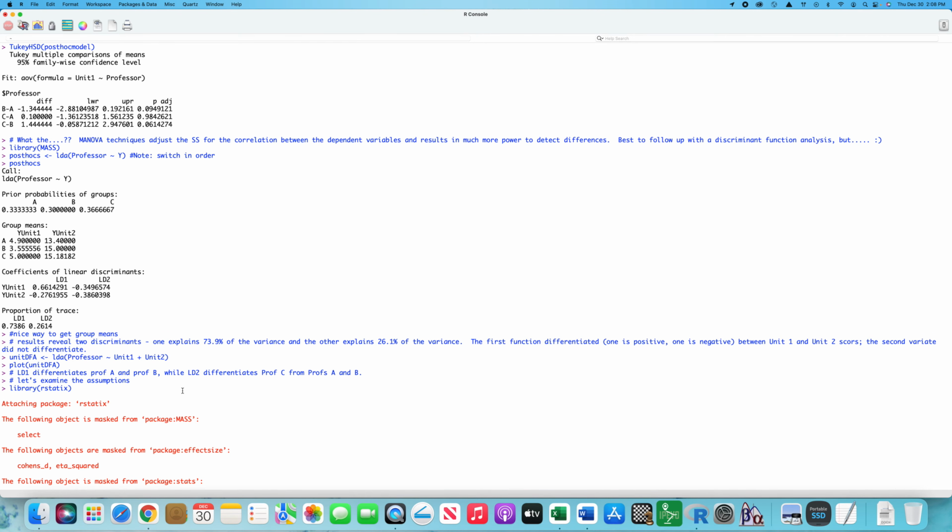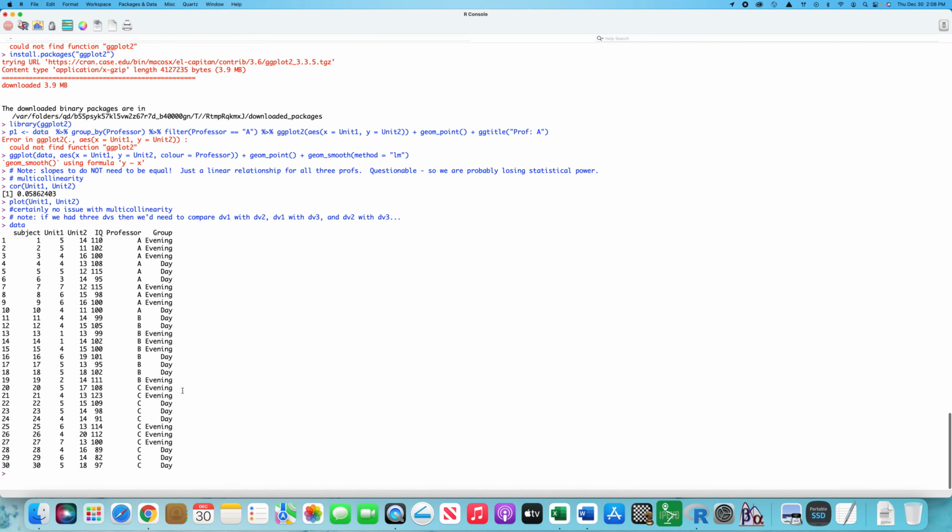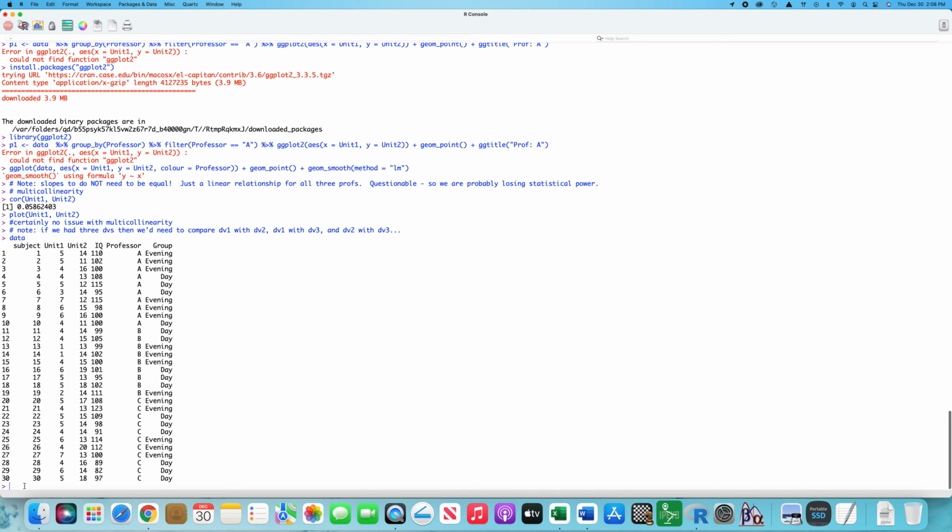I want to show this plot, so I'm going to come back up and get it. I got a lot of stuff down here. Let me go back up here and get that plot. All right, where is it? Yeah, right here.